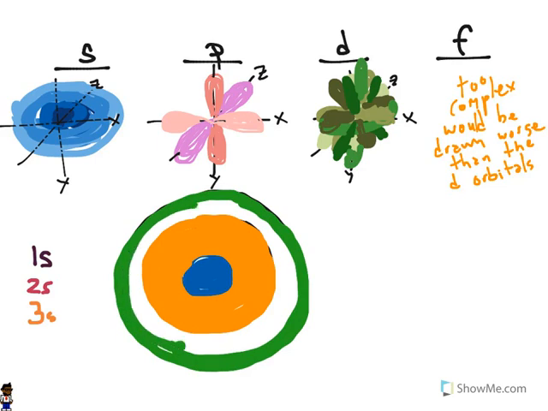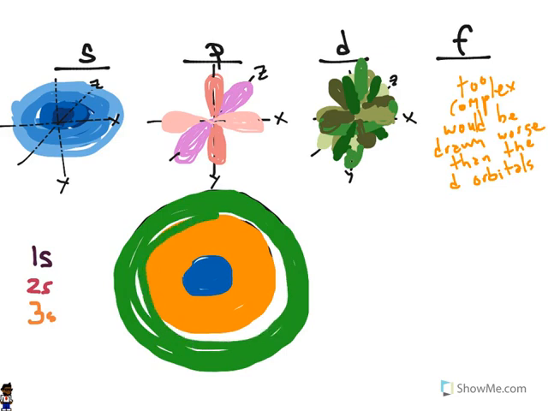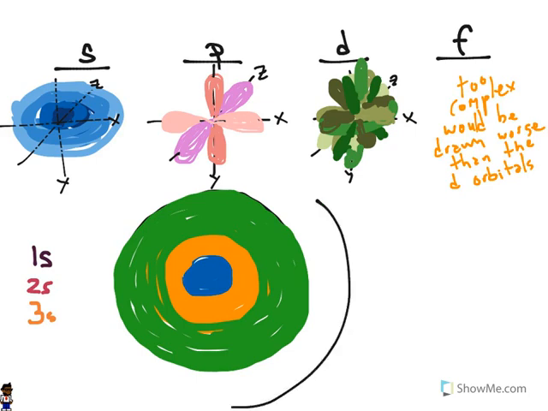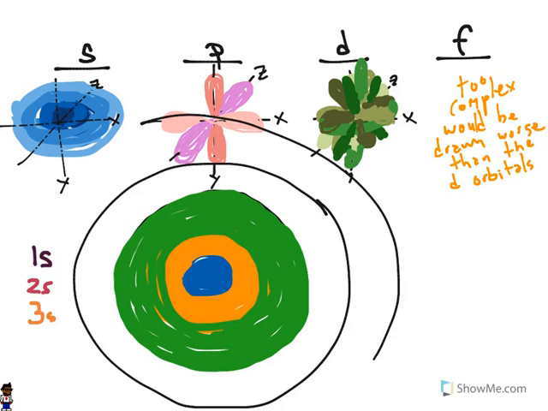So it occupies all of this three-dimensional space, including the space occupied by the 2s orbital and the 1s orbital. Every time we have a new energy level, the first orbital in that energy level to be filled is an s orbital, and we're looking at larger and larger spherical volumes that encompass all of the other orbitals that are much smaller than it.